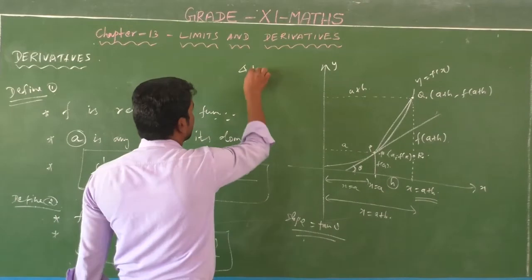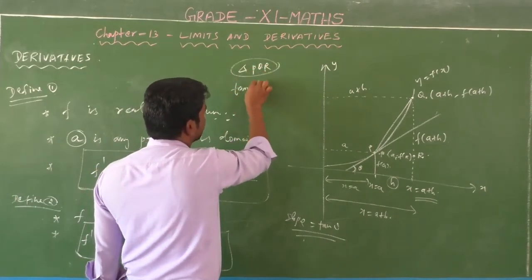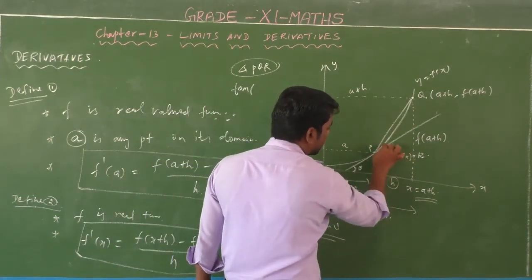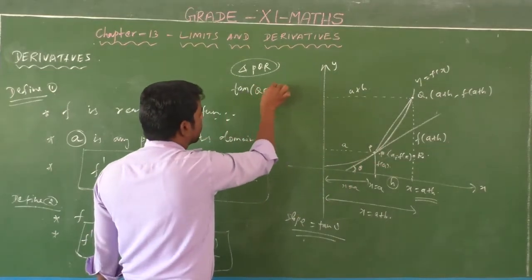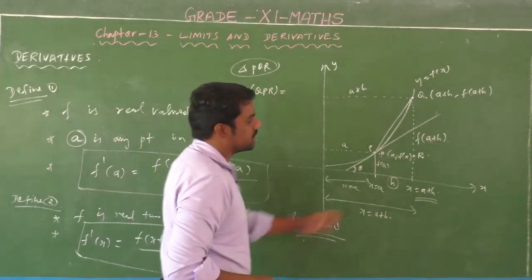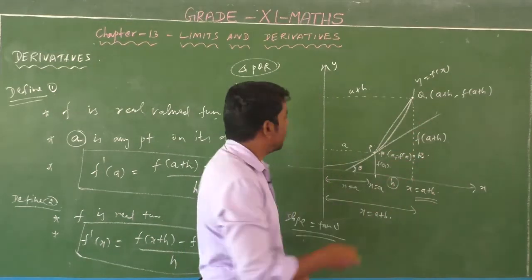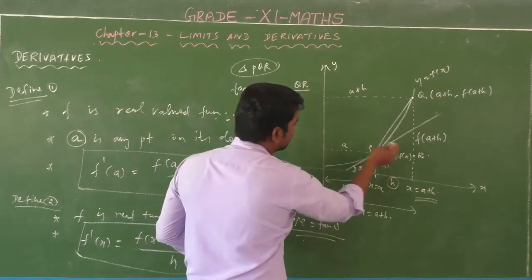ஓகேவா? இப்போ PQR எடுத்துட்டு இதில் tan theta வேல்யூ சொல்லுவா, tan of theta is angle between QPR here. சரியா? இதை நம்ம angle கன்சிடர் பண்ணா QPR is equal to opposite side by adjacent side. Here opposite side is QR divided by adjacent side is PR.